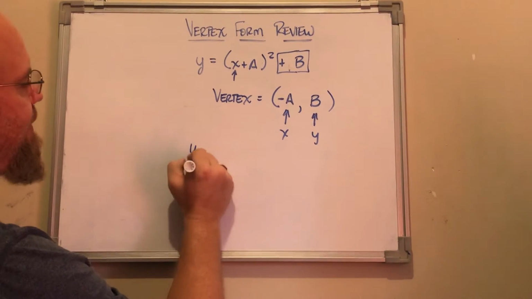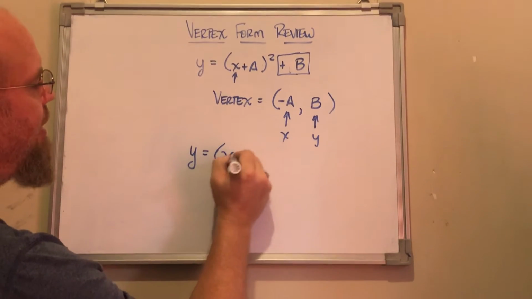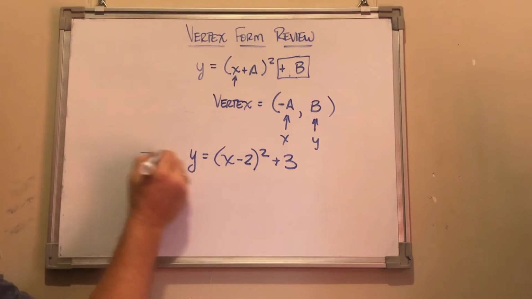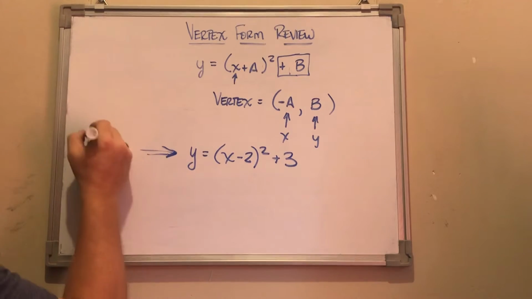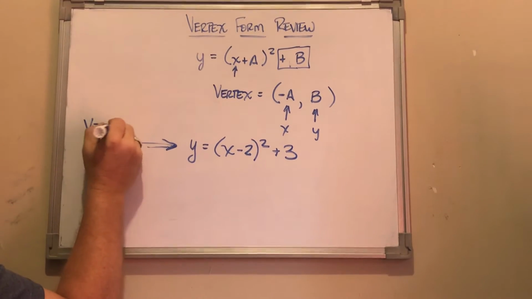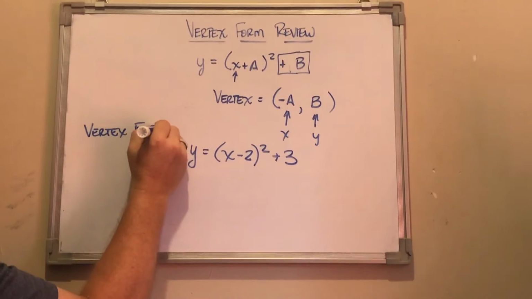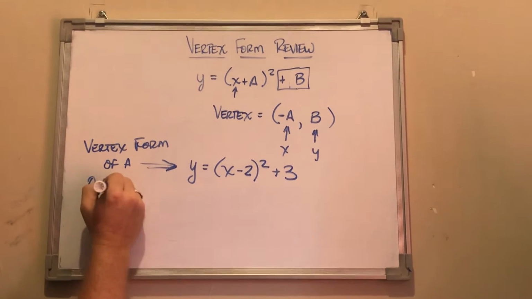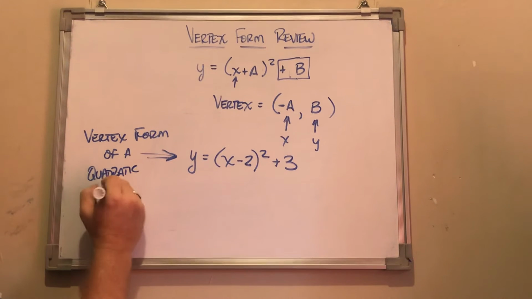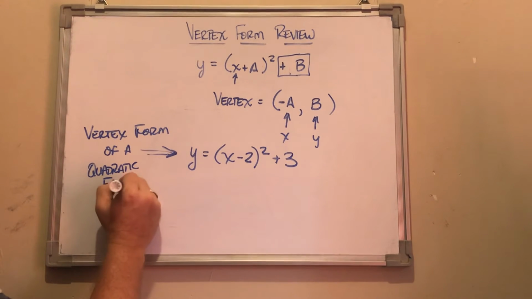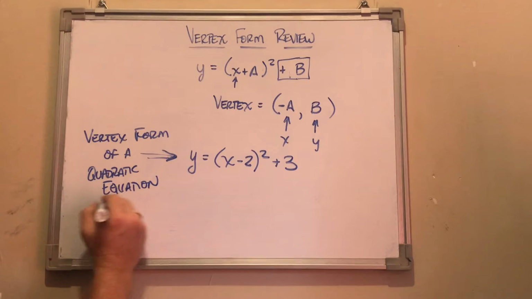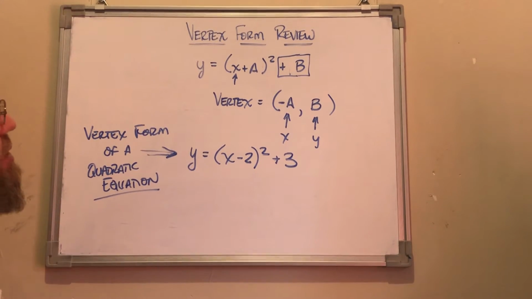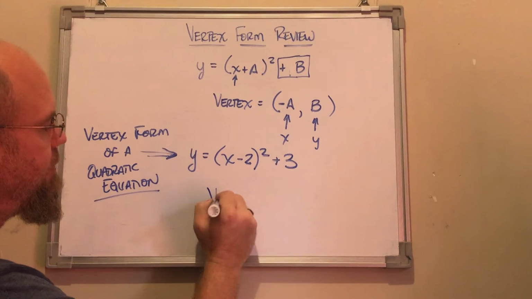So for instance, if I have y equals x minus 2 squared plus 3, that is a vertex form of a quadratic equation. And the reason we do this is because we can easily find the vertex.